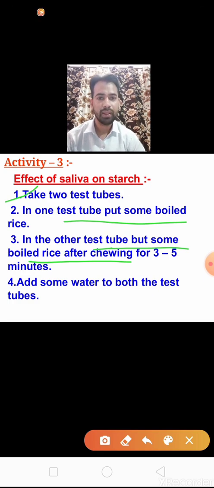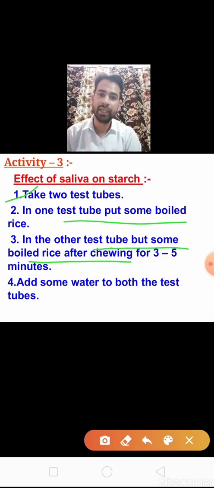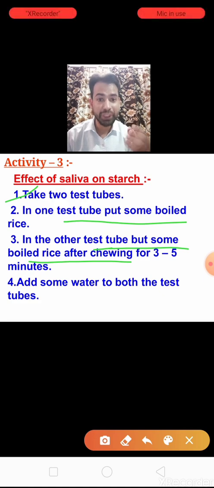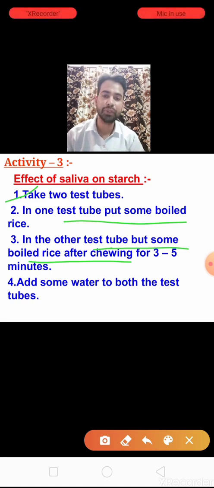Like in the first test tube we directly take boiled rice. In the second test tube we chew the rice for 3 to 5 minutes and then take it in the second test tube.